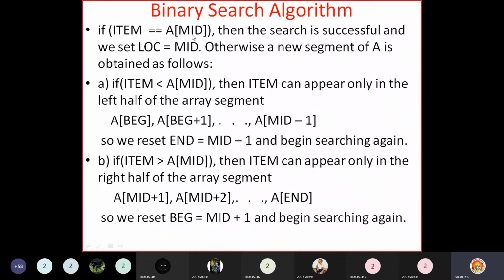until we find the item, or the search may be unsuccessful. If the item to be searched is not present, the search may be unsuccessful. If the item is equal to a of mid, then we say that the search is successful. But how do we find whether the search is unsuccessful?